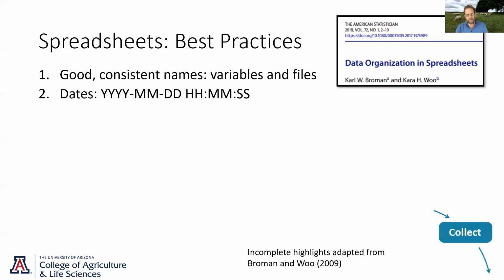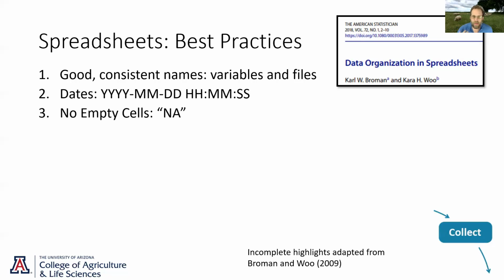This is an ISO standard that is unambiguous. And it also has a handy feature of sorting by date, as opposed to if you put the day first, for example, or the month first, you won't be able to sort easily by date. I name a lot of my files this way. So all of my presentations, for example, I start with the year, month, day, and it's nice because it makes it easy to organize.